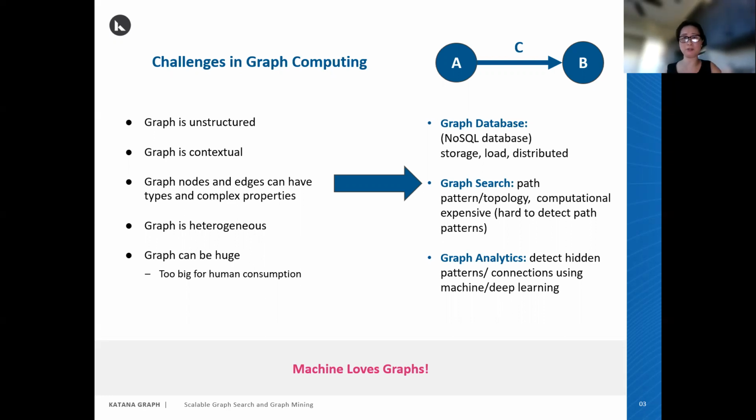Graph is also contextual. For instance, A has a local context and a global context. The local context is the one-hop and two-hop connections of A with nodes and edges. The global context of A is the global property of A in the whole graph. For instance, A can have high degree centrality or high betweenness centrality.